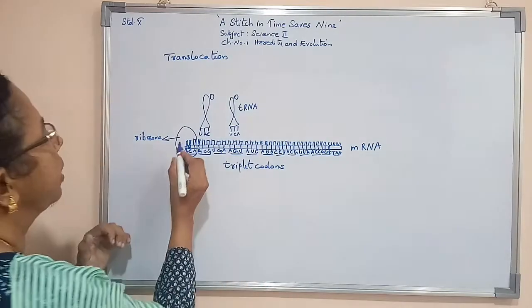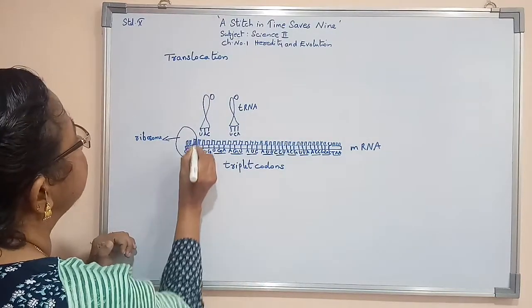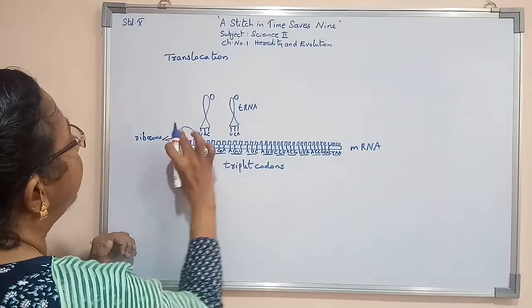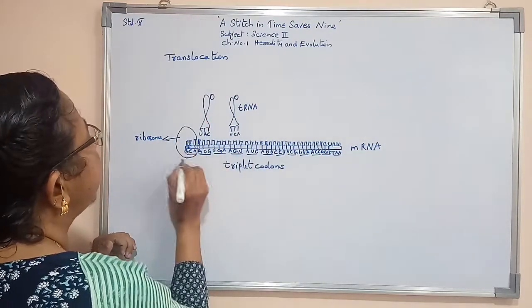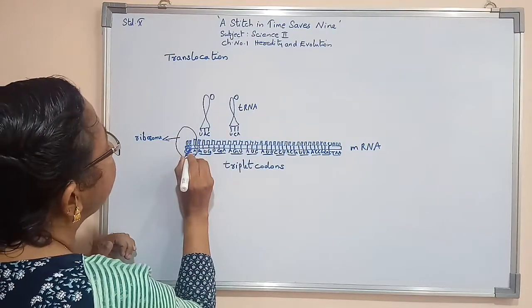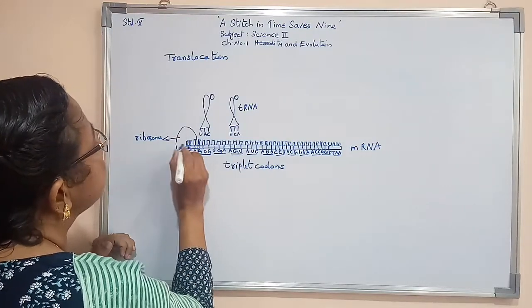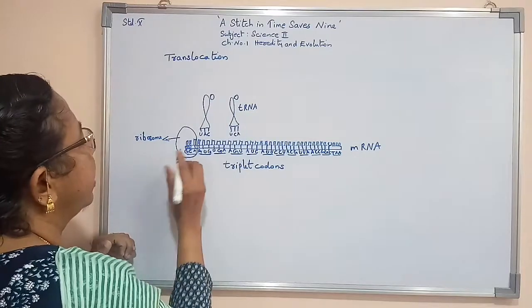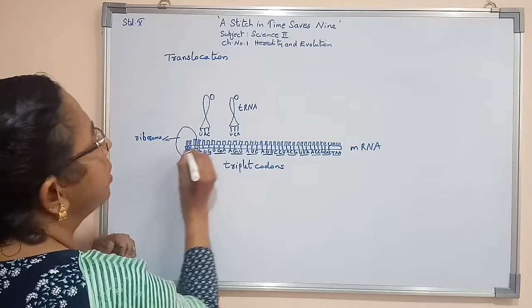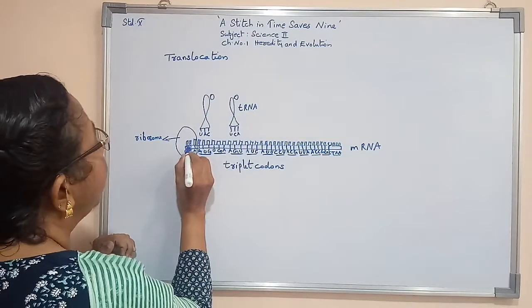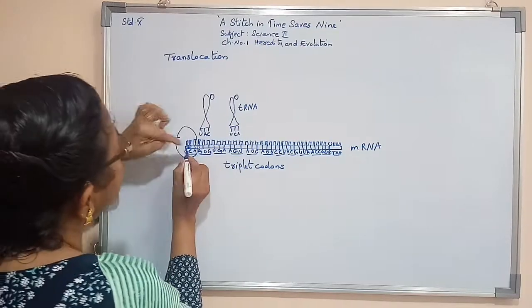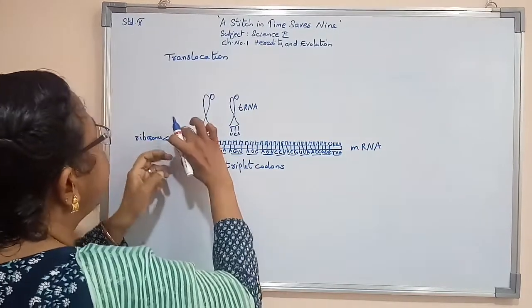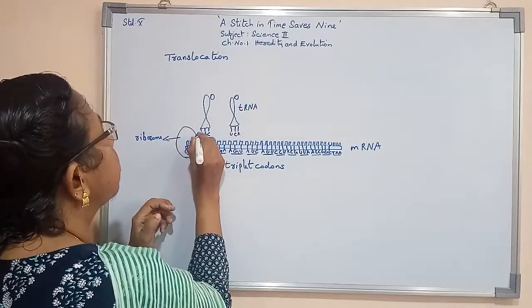That is the meaning. Just imagine this is the ribosome, and this is the messenger RNA. This ribosome moves through this messenger RNA from one end to the other end. At the distance of one triplet codon, it moves and reaches up to here.